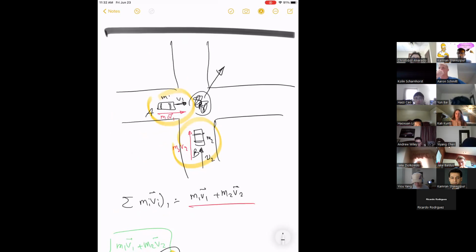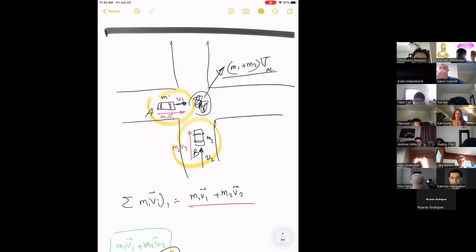If there is a really bad accident that they technically become one, it's going to be m1 plus m2 times v accident, or whatever you name it. That is how the principle of impulse and momentum, or the conservation of linear momentum, works.